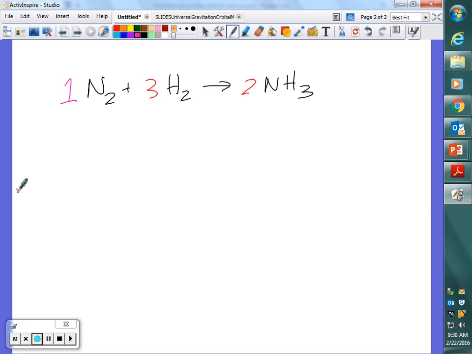Well, how many molecules are in a mole? 6.022 times 10 to the 23rd. It doesn't matter what kind of molecule we're talking about, because moles are a counting unit. So, this is telling us that 1 molecule of nitrogen plus 3 molecules of hydrogen equals 2 molecules of ammonia.